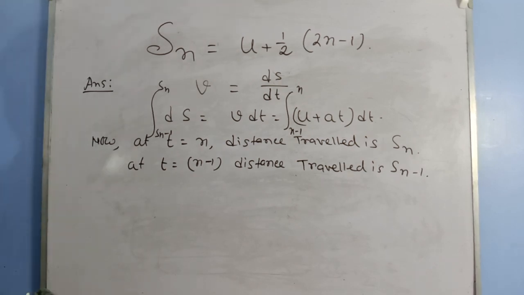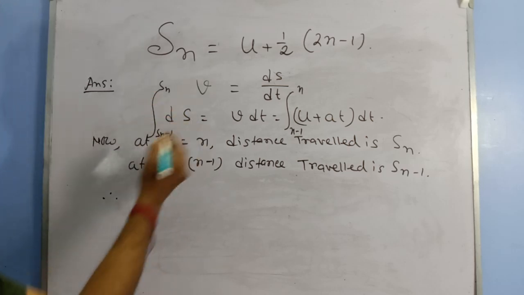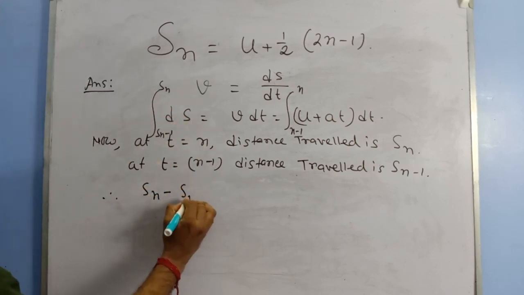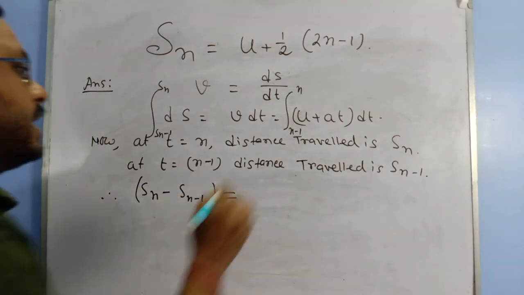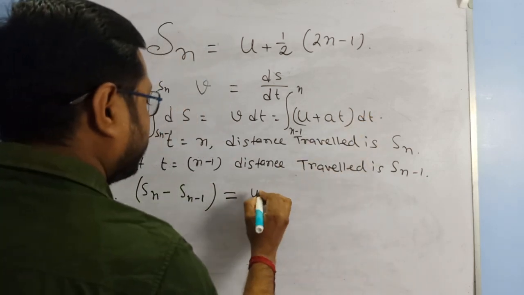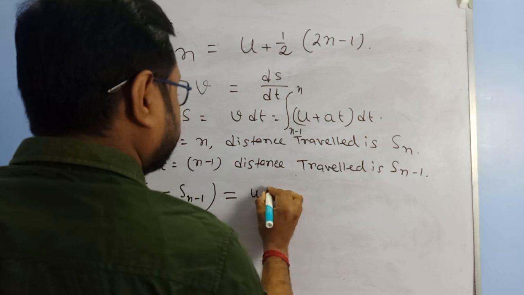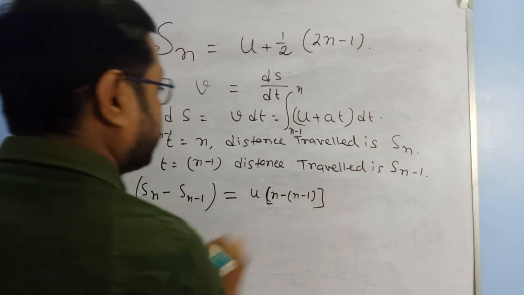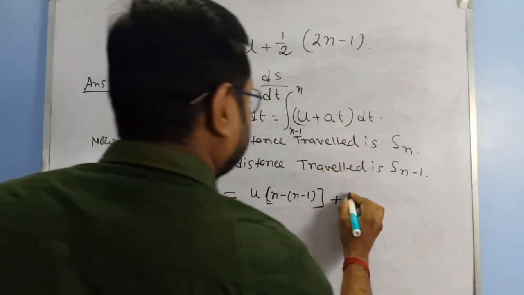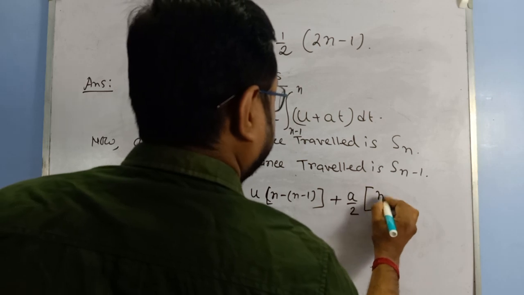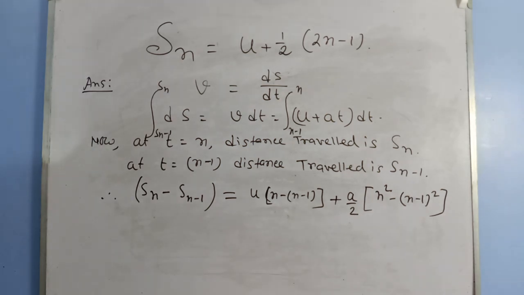So we can take ds, the integration of ds is s, that is Sn minus Sn minus 1 is equal to integration of u dt, that is ut, that is u times n minus 1, plus integration of at, that is at square by 2, that is a by 2 times n square minus n minus 1 square. Just put the value of t.